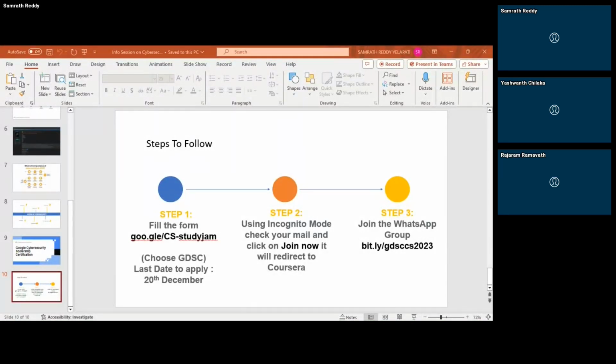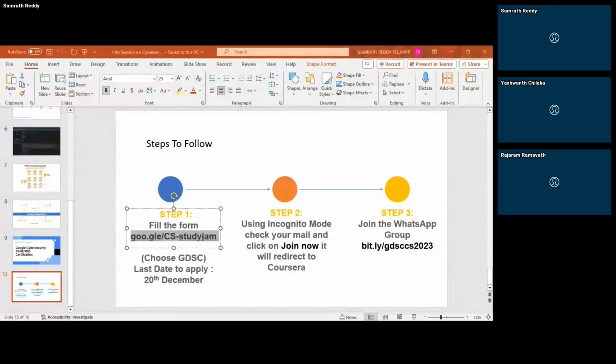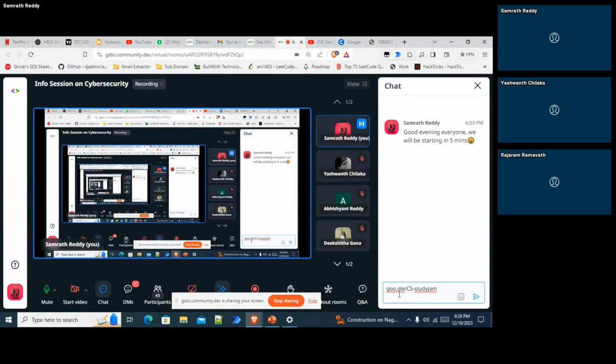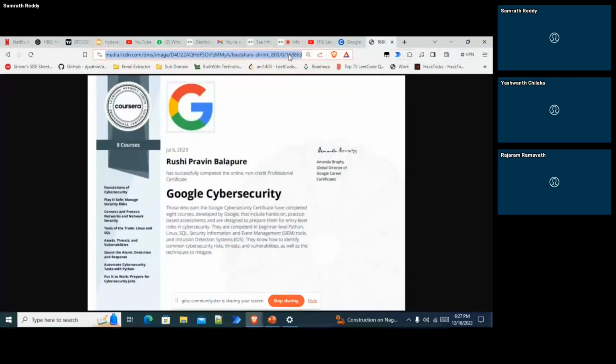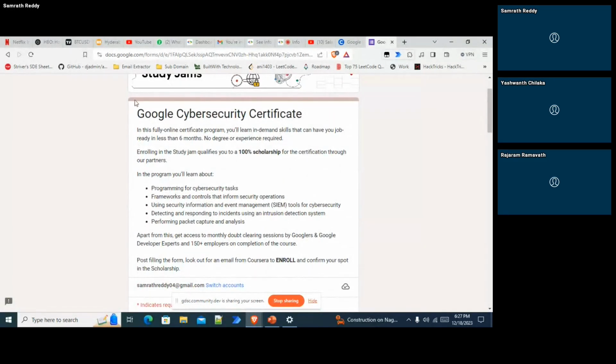As you can see, I'll drop a form. Hopefully, by clicking this form, you will be redirected to a Google Docs form, like the same one.